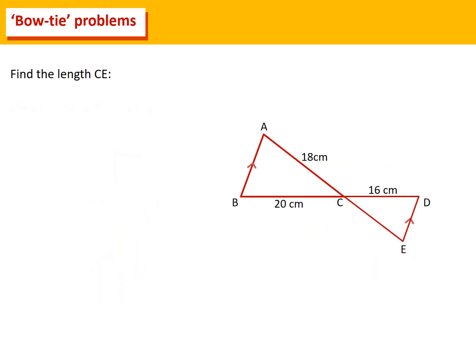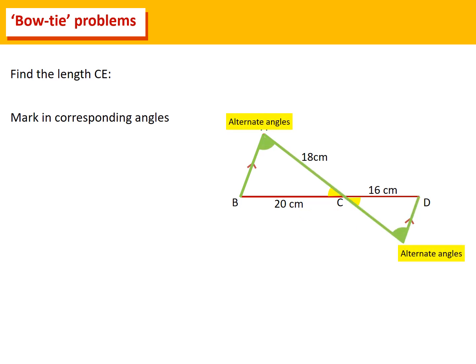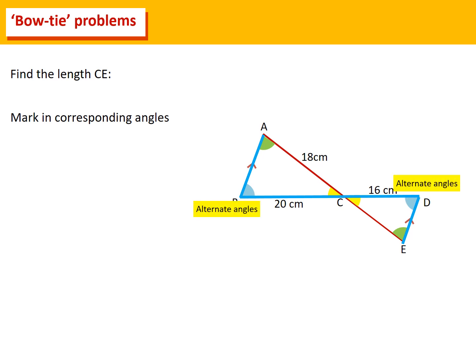Here in example 2, once again, let's work out which angles are which. Those two vertically opposite angles are equal. Using Z angles, the green angles that I've marked in are alternate angles and therefore equal. And another pair of Z angles or alternate angles, they are equal.